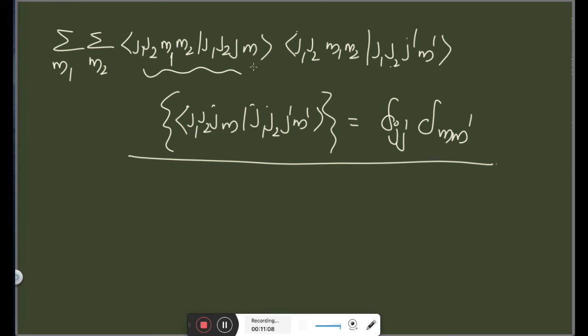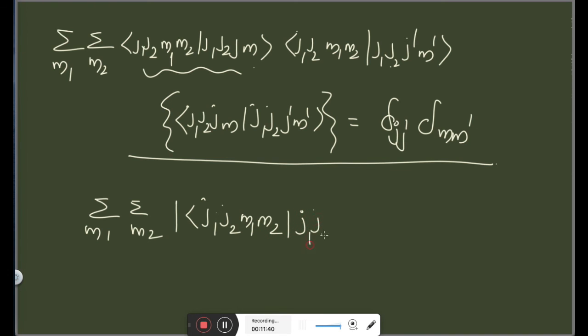Now if I apply it over here, J equal to J dash, summed over m1 and m2, it is only when J dash equals J and M dash equals M.